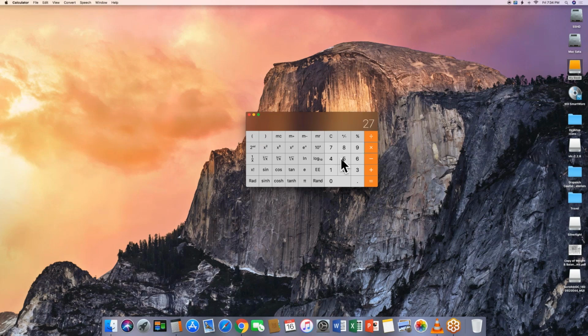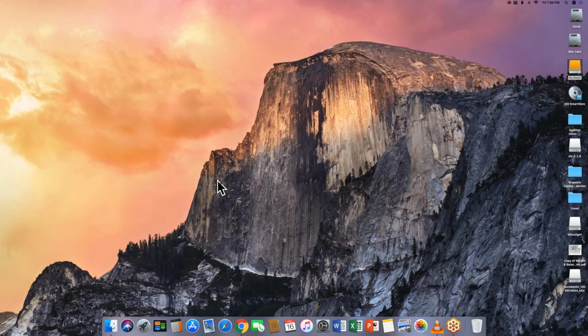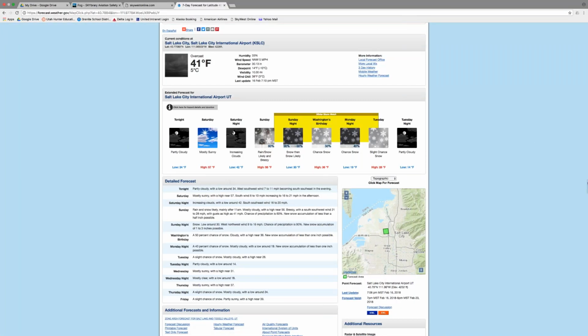Now we multiply that by 5/9. 15. I got it right. So I'll write that out really quick since I remembered for the first time in my life. So here's your equation to go from Fahrenheit to Celsius.